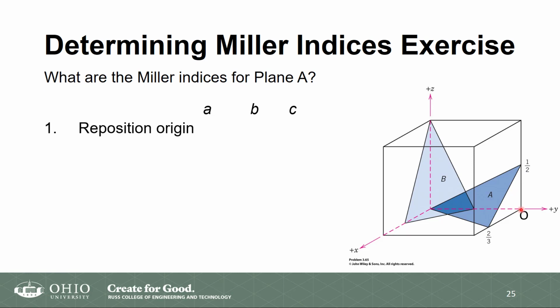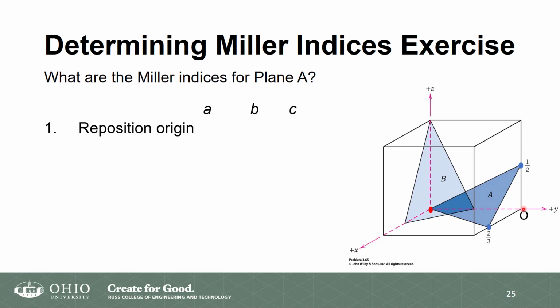So now that we have that, the next step is to look at the points where we cross the x, y, and z axis. So we cross the x-axis at this positive 2/3 position. We cross the y-axis at this, if this is the origin, we're crossing the y-axis at the negative 1b position.